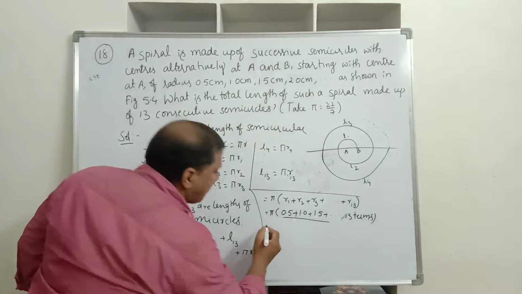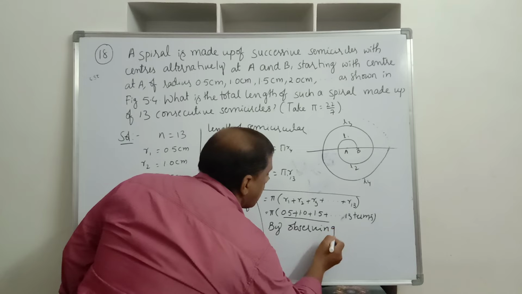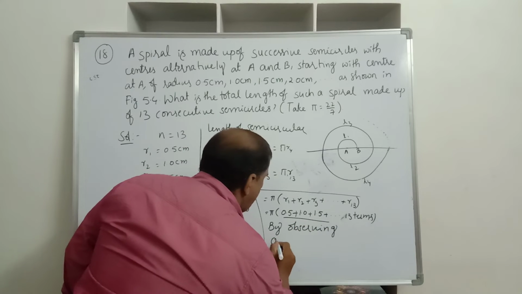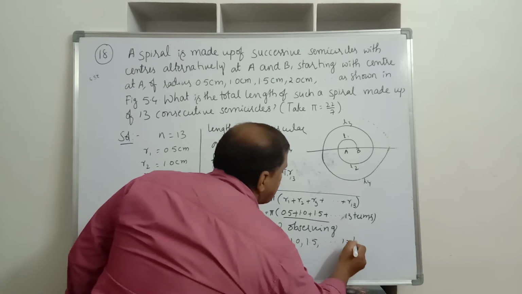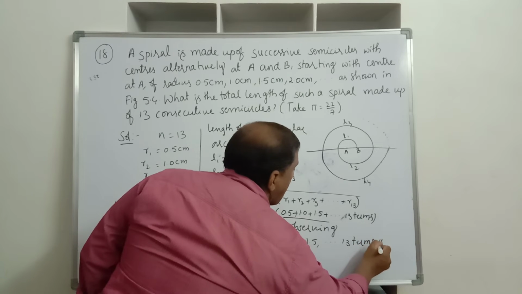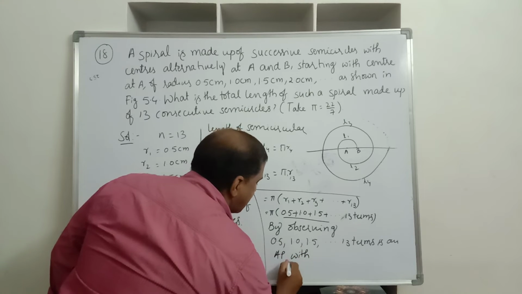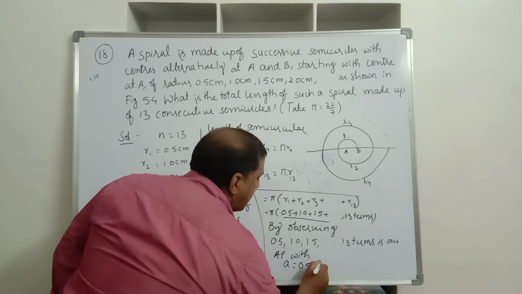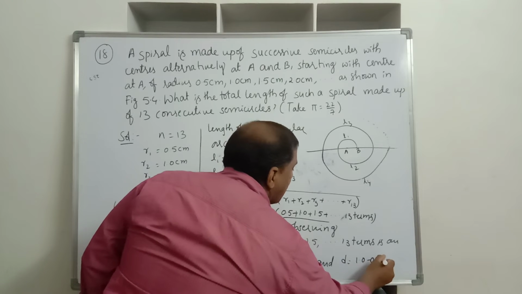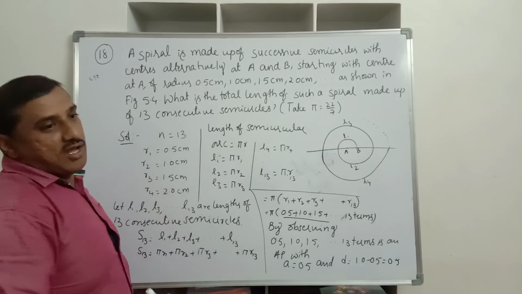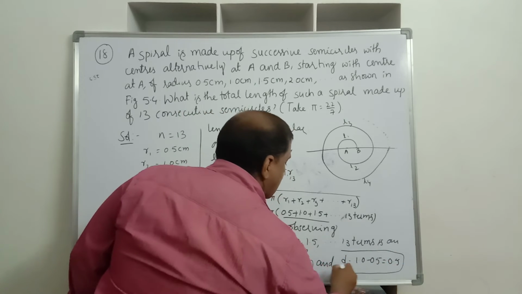By observing, 0.5, 1.0, 1.5 and so on, 13 terms is an AP with a equal to 0.5 and d equal to 1.0 minus 0.5, that is equal to 0.5. So now we know a is 0.5 and d is 0.5.